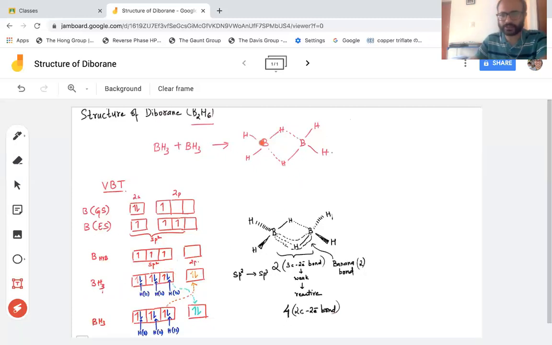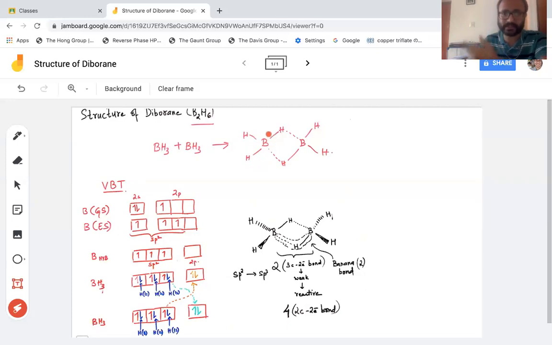So the structure should be trigonal planar with an unhybridized p orbital perpendicular to the plane of the triangle. But when the actual structure was seen, if we consider the boron atom, there is an arrangement around this boron atom that looks like a tetrahedral arrangement.